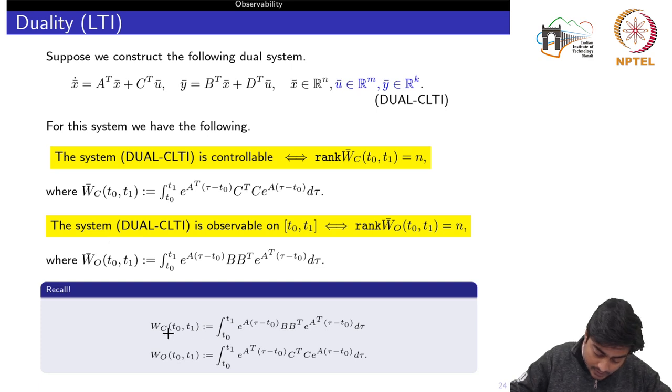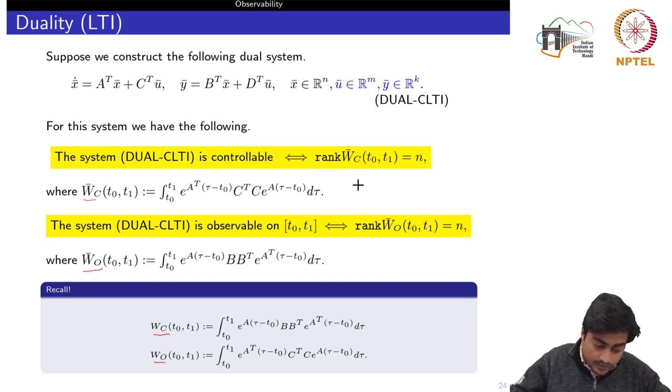Here in WC you see the pair AB matrix. So this WC and this WO bar are basically the same, right? Similarly, WO, the observability Gramian of the original system, and the controllability Gramian of the dual system also remain the same.